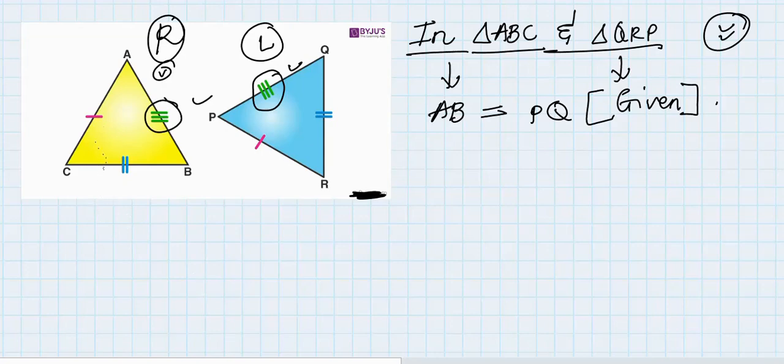Another aspect: I do see that this side CB is equal to this side QR because they both have two strikes, right? So CB, I write it on the left side because it's the detail about the left triangle. Oh, I messed up things here. So this is left. This is right, yeah.